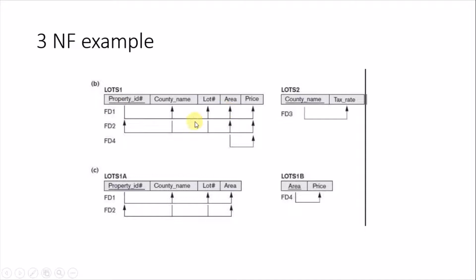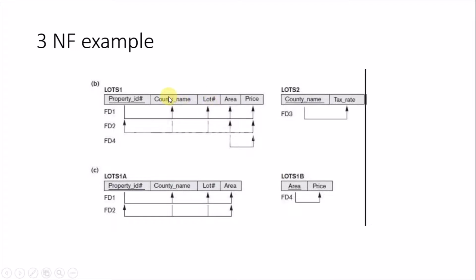And in this case we also have county name and lot number to property id. There the two conditions are: X is a super key, that is, county name and lot number form a super key, and property id is a prime attribute. Or county name and lot number to area, where these two are a super key and this is a non-prime attribute, but since X is a super key, that is fine.